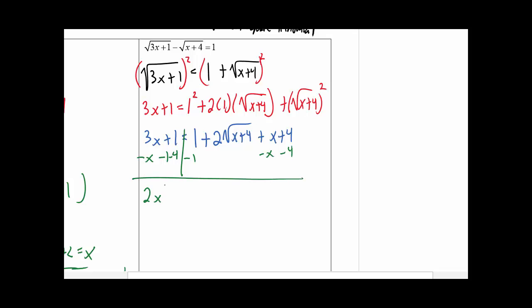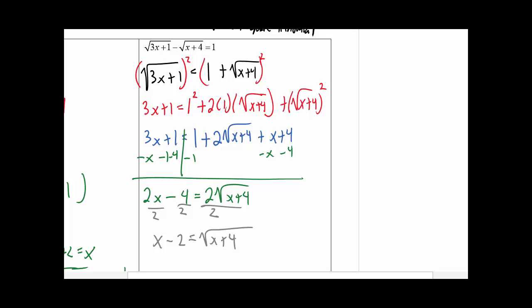So I get 2x minus 4 equals 2 square root of x plus 4. And both things are even, so to me it makes sense just to divide everything by 2. So I get x minus 2 equals the square root of x plus 4.